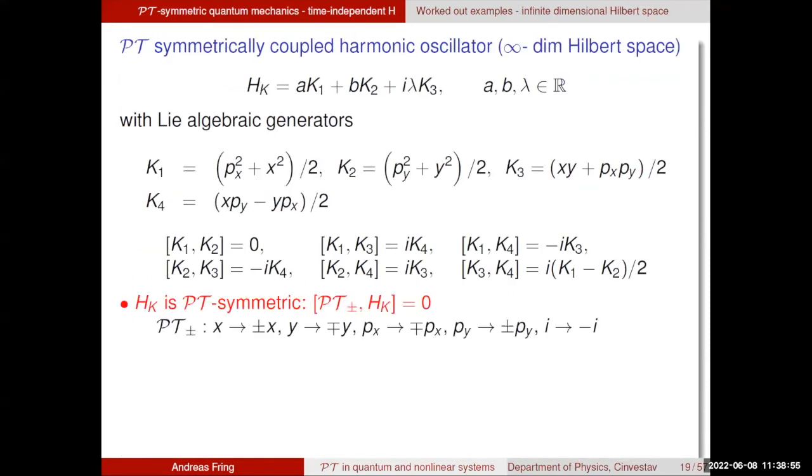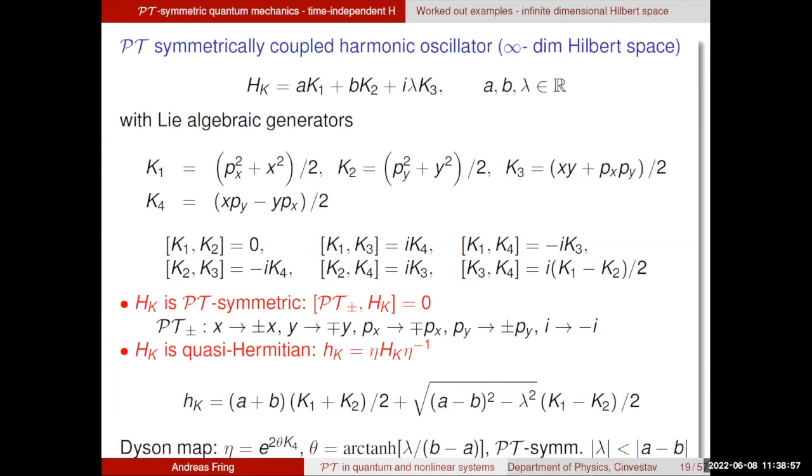Here's another one, an infinite-dimensional Hilbert space. It is two harmonic oscillators coupled to each other in a PT-symmetric fashion. They're coupled in the x's and the p's, and there's an i, which makes it PT-symmetric. And PT-symmetry here, or more generally the antilinear symmetry, is realized like this.